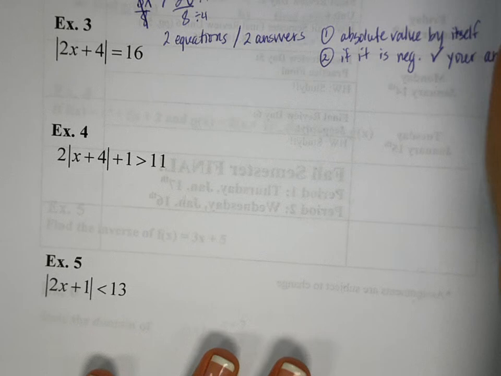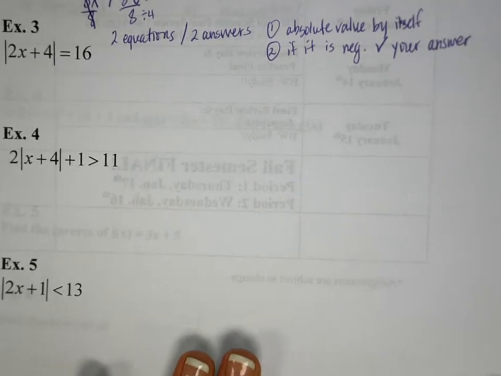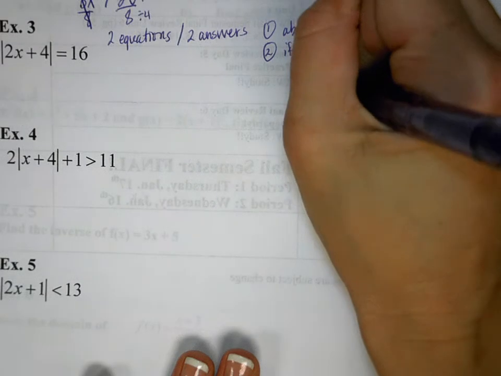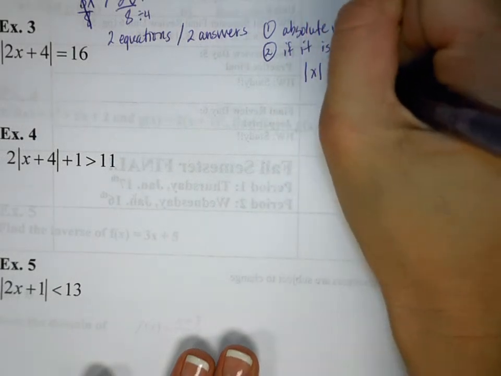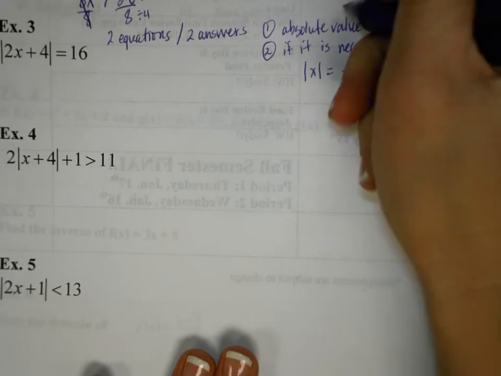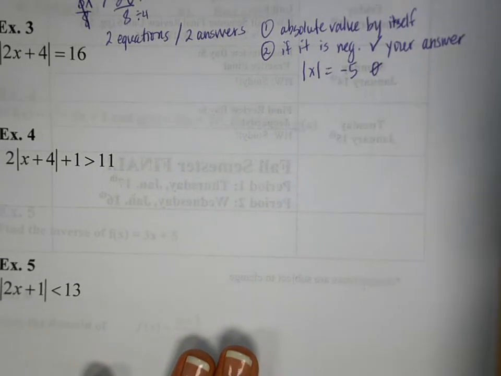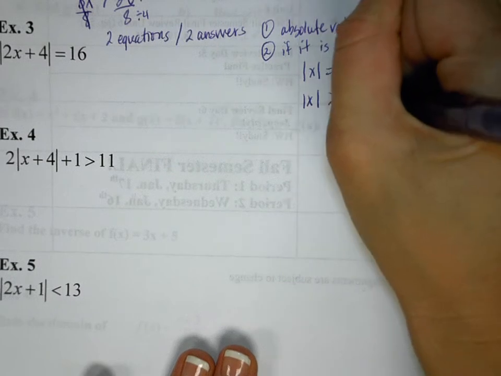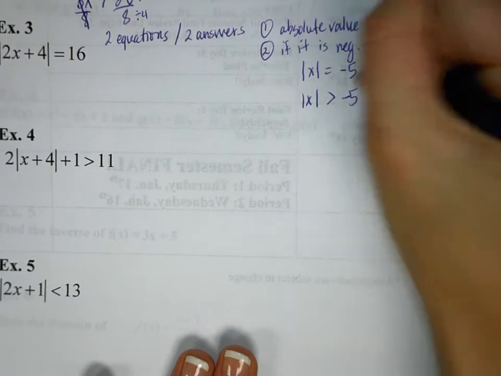What I mean by that is, if it was like absolute value of x equals -5, that answer would be what? No solution, right? If it was the absolute value of x is greater than -5.